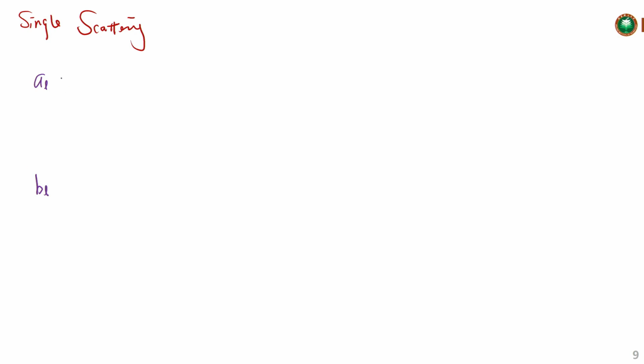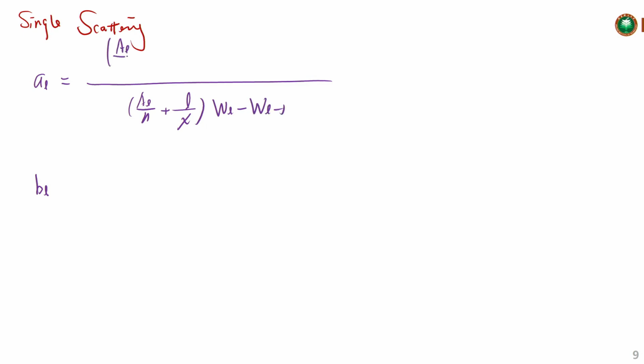For AL, it has a complicated expression: AL equals (AL divided by N plus L divided by chi) times the real part of WL minus the real part of WL minus 1. So what about L? L is also a parameter.